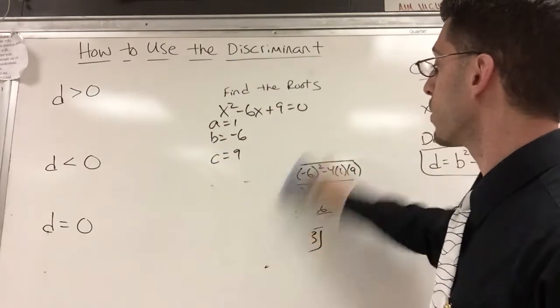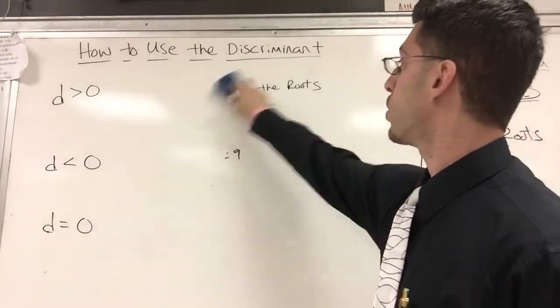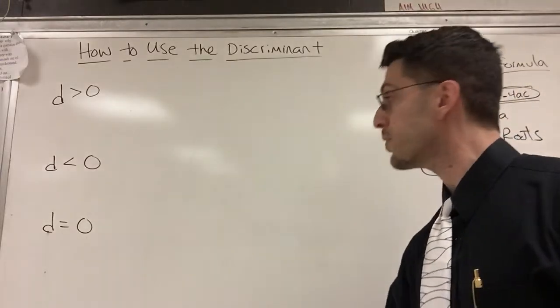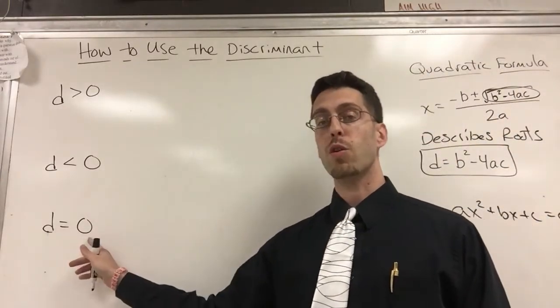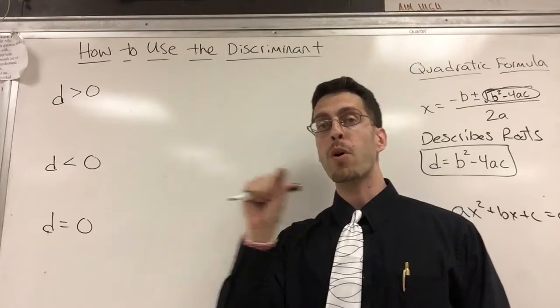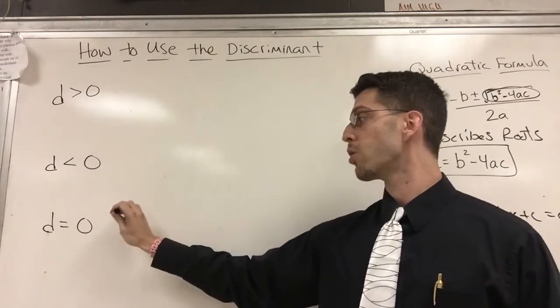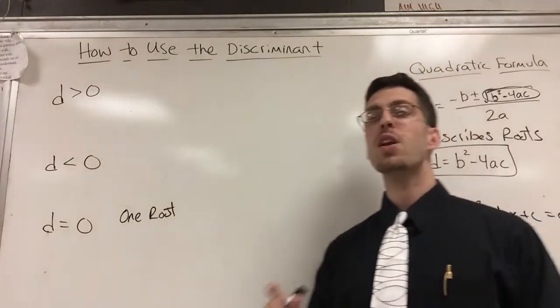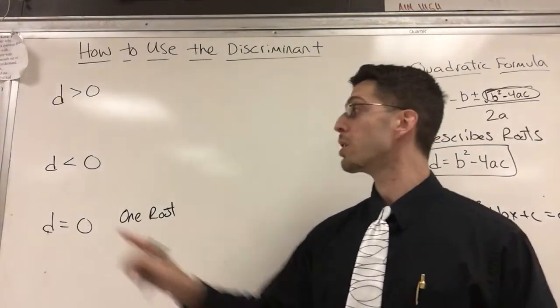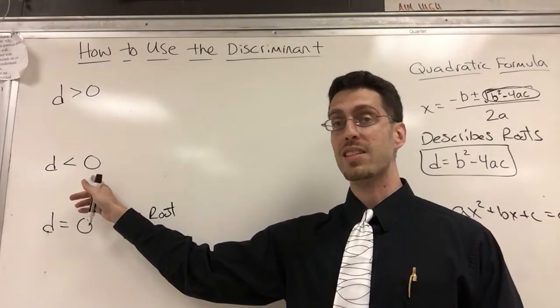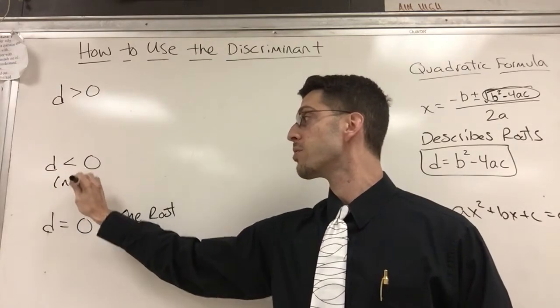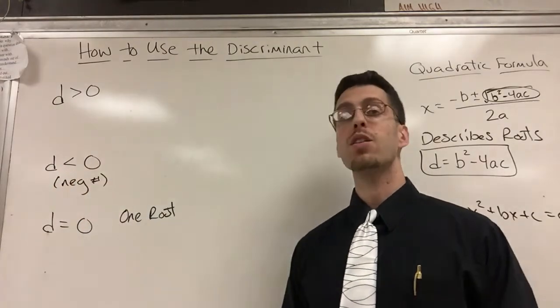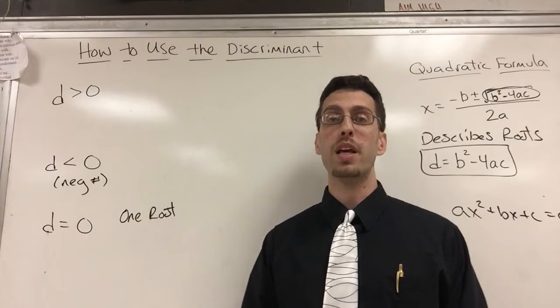Okay, so here's some hints on what you're looking for. If the discriminant comes out to 0, like this one did, meaning the number under the radical comes out to 0, you're only going to have one root. If the number under the radical comes out to be less than 0, meaning a negative number, then you're going to have what's called complex roots.